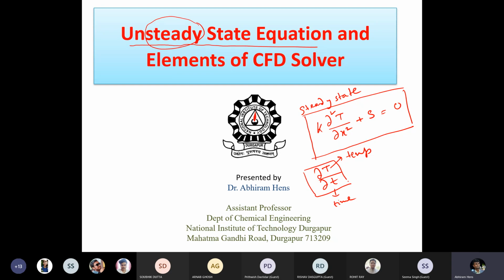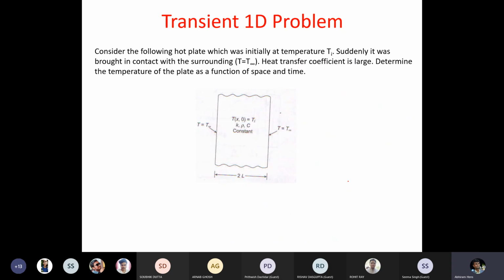We need to see this first, because this is very important. In practical applications you will encounter a number of unsteady state problems. So let us start that part with the example of a transient 1D problem. Transient basically means an unsteady problem, where the temporal term will be active and you cannot neglect it, meaning something is changing with time.